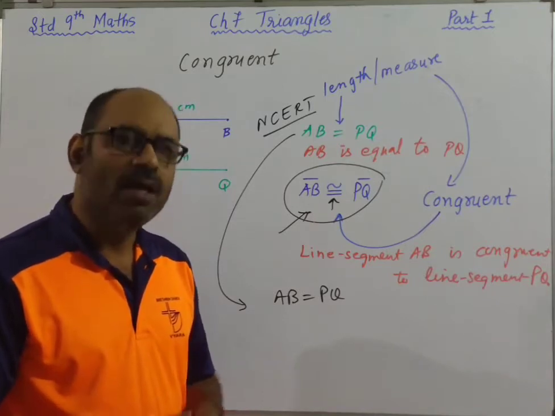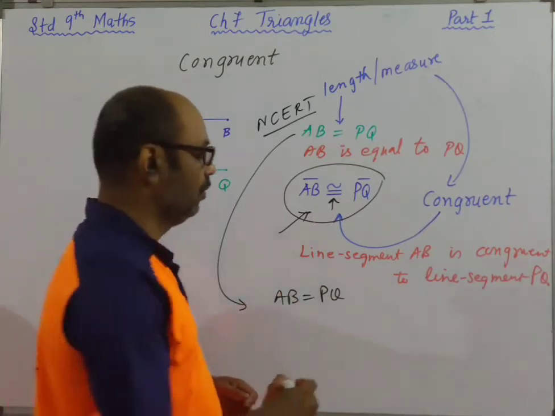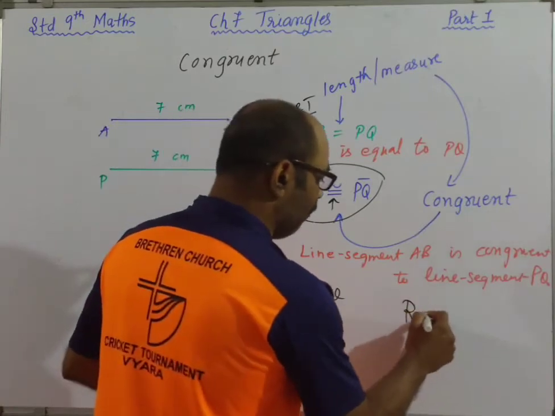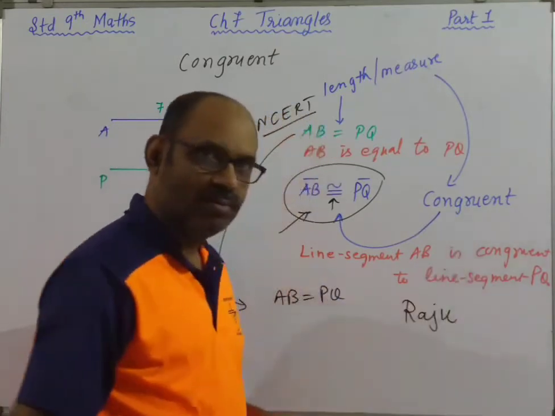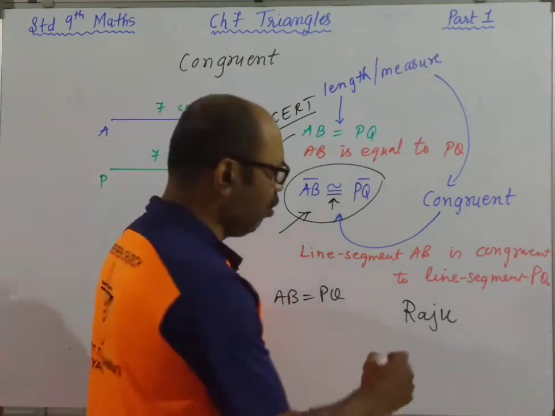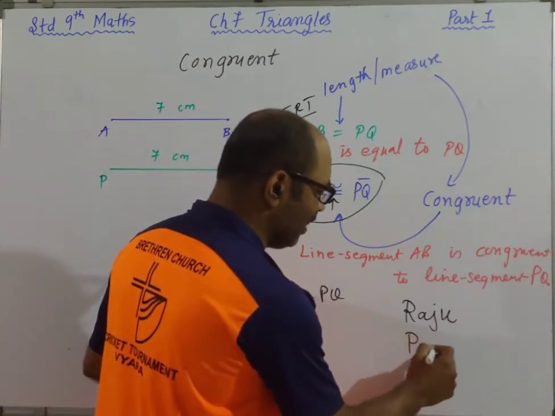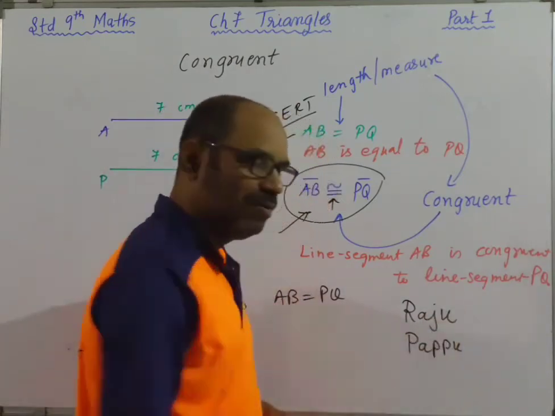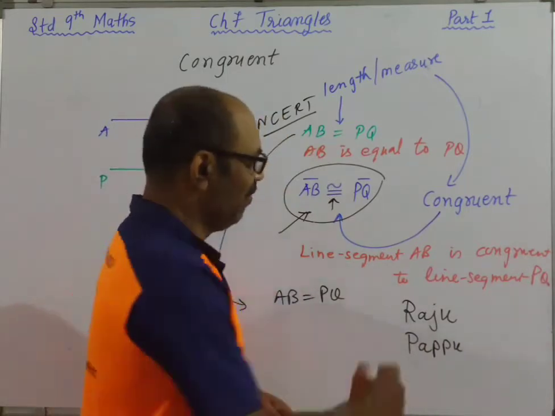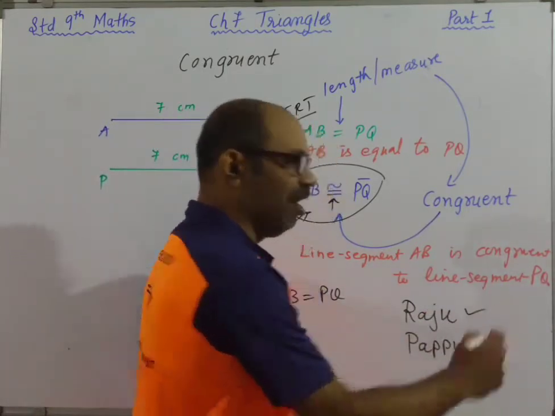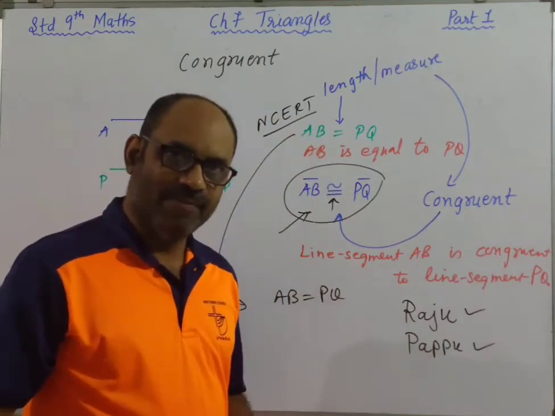Do you understand? I'll give you one example. The name of a boy is Raju. But at home, his pet name is Pappu. So whether you call Raju or you call Pappu, it's one and the same.